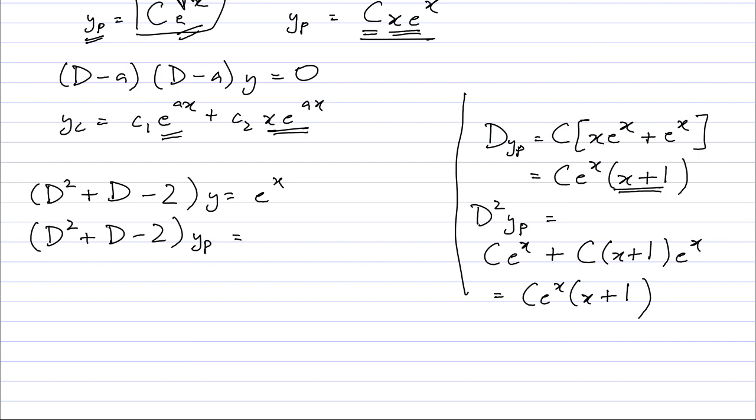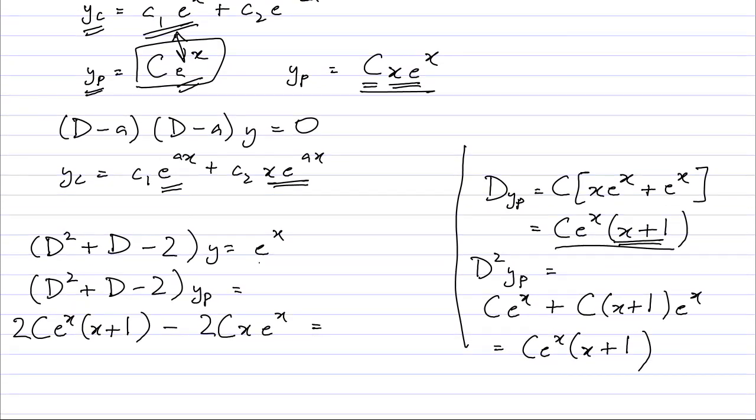So it turns out that taking two derivatives, you get exactly the same thing. So you get c e raised to power x, x plus 1, plus D acting on yp, which gives you exactly the same thing, so you get a factor of 2, minus 2c x e raised to power x, and this has to be equal to, of course, e raised to power x.